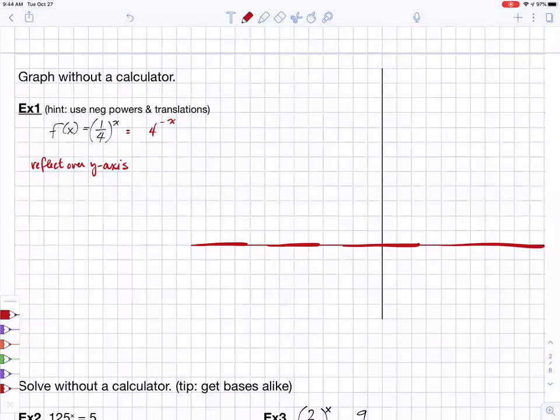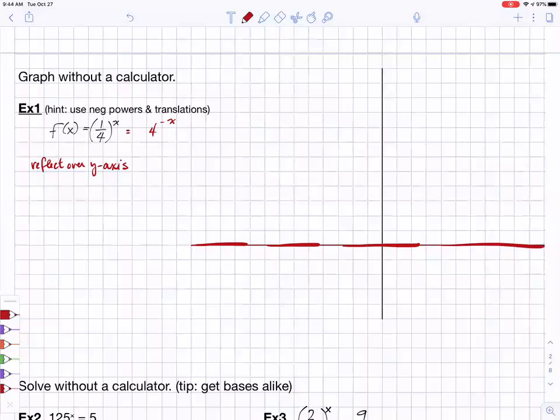Okay. How about my special point? What's one of the special points? Okay, let's do that one in a minute. What's the other special point? Look at the last example. 0, 1. Okay.